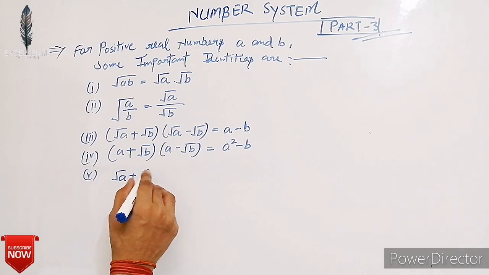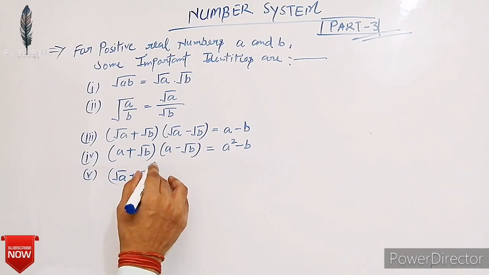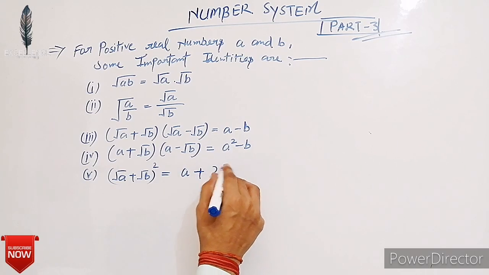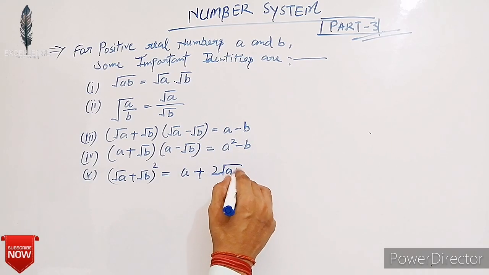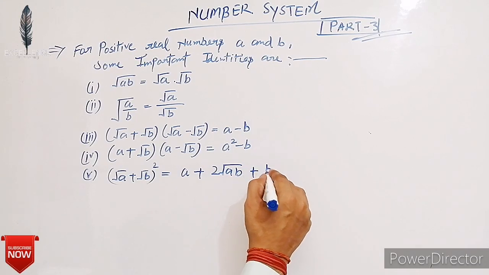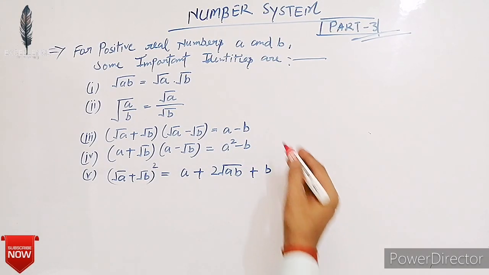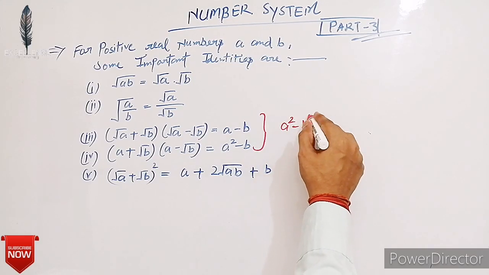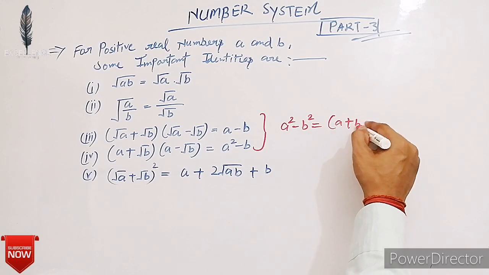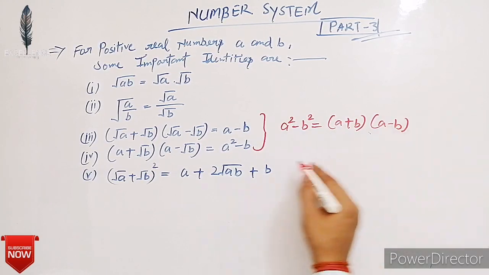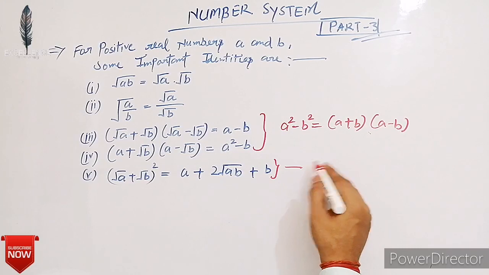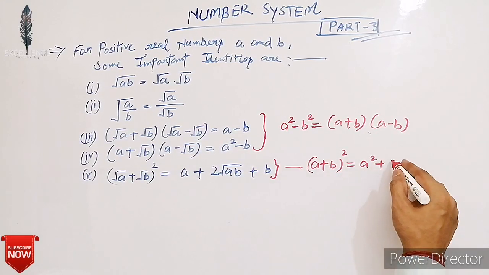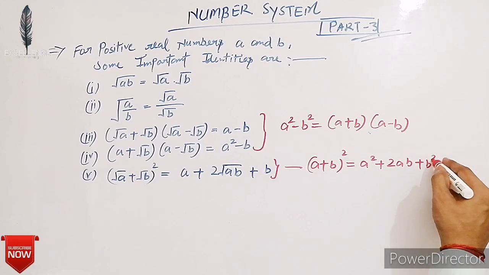Here under root a plus under root b whole square is equal to a plus 2 under root a into b plus b. In other words, we can say that these are the same form of this identity a square minus b square is equal to a plus b and a minus b, and this is the same form of this identity a plus b whole square is equal to a square plus 2ab plus b square.